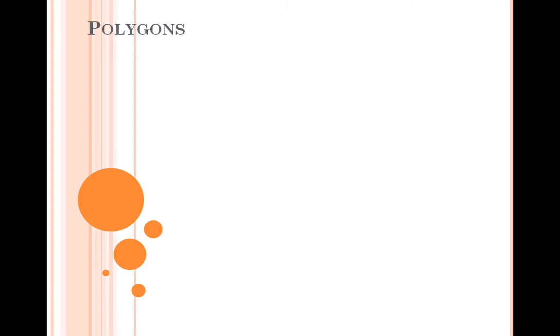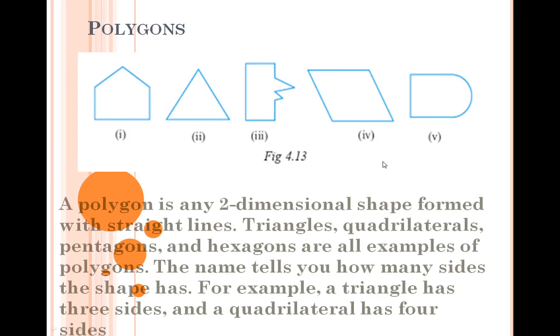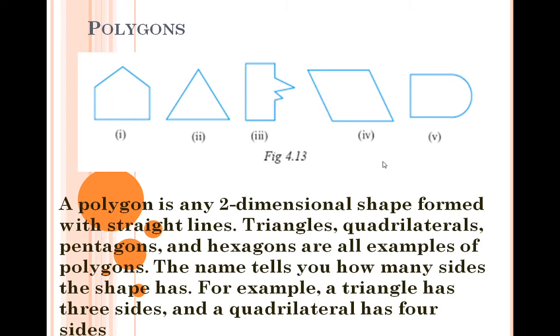Now what are polygons? Look at this picture. I draw here 5 pictures. A polygon is any two-dimensional shape formed with straight lines. Look, in these 5 diagrams, you can see that there are straight lines. Triangles, quadrilaterals, pentagons and hexagons are all examples of polygons.